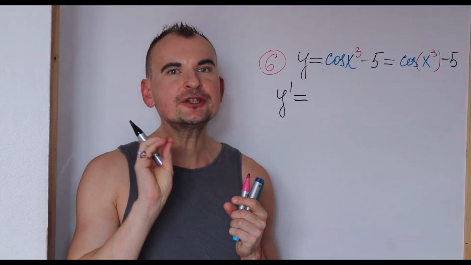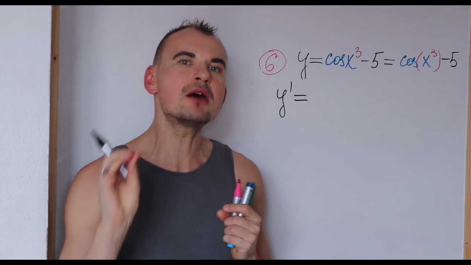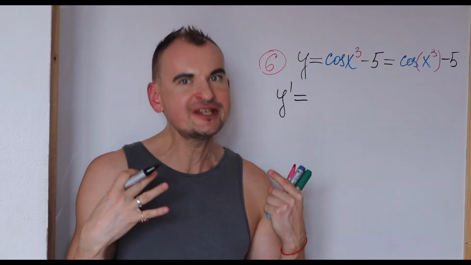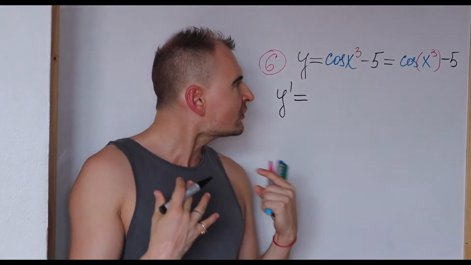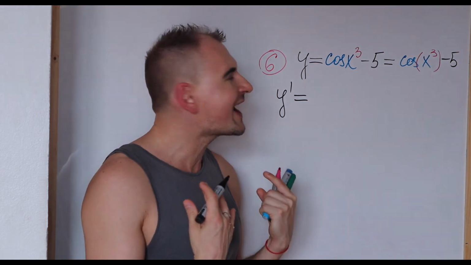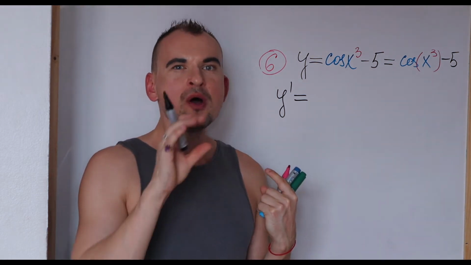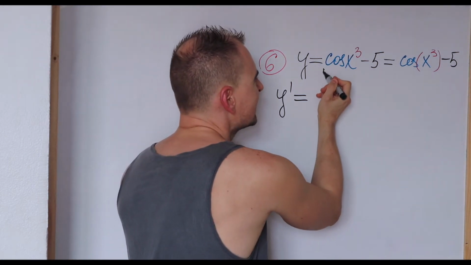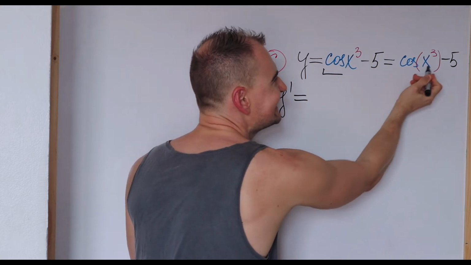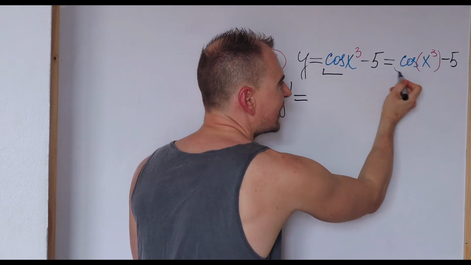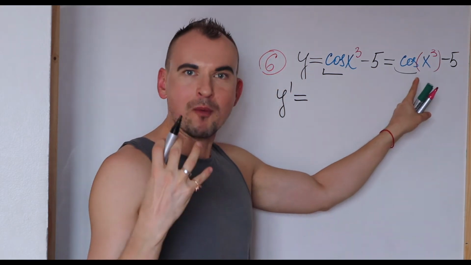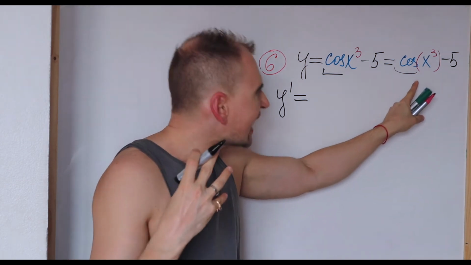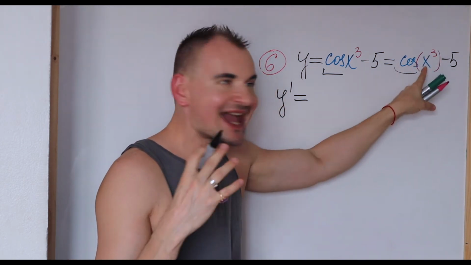First of all, you need to spot what is your outside function and what is your inside function. So look at this, cosine of x cubed. The outside function is going to be cosine, since you have something inside. You have cosine, the foremost outside function, and inside you have x cubed.